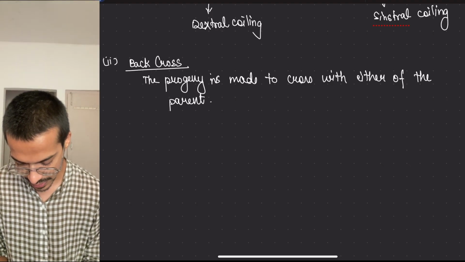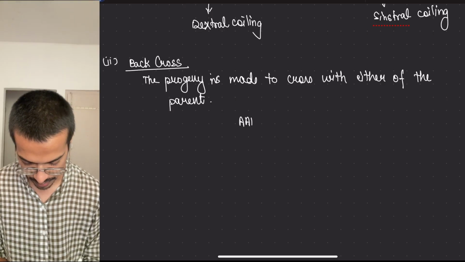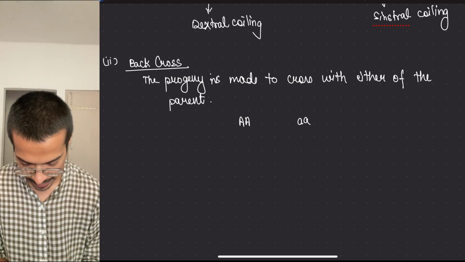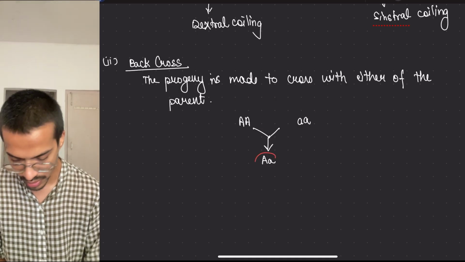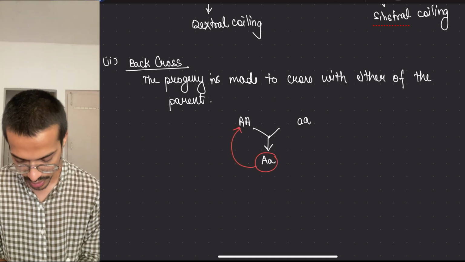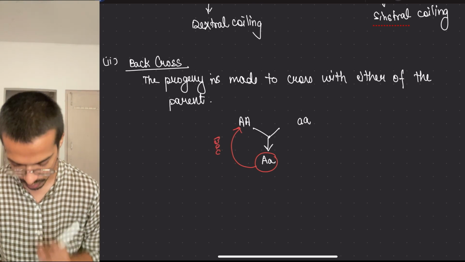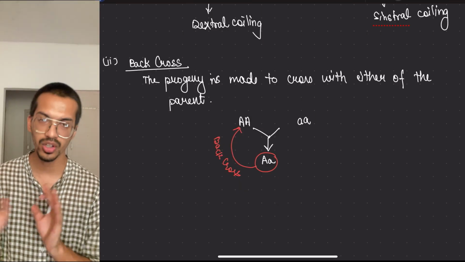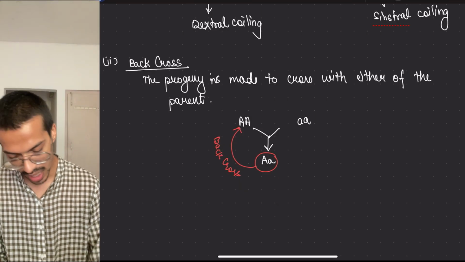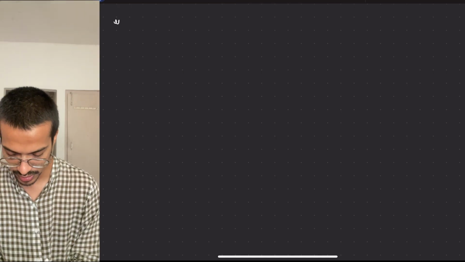If this is AA and this is aa, the progeny will be Aa. If I make this progeny cross with either this or this, it is known as what? Back cross. Each time whosoever I do it with, it is back cross. Next comes the last topic of today and very important, that is test cross.